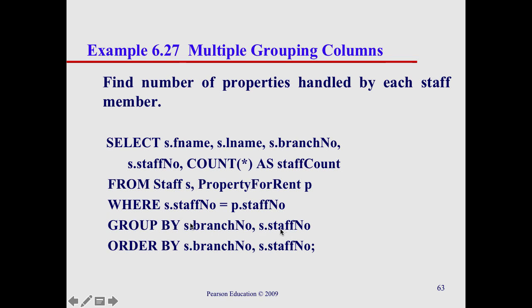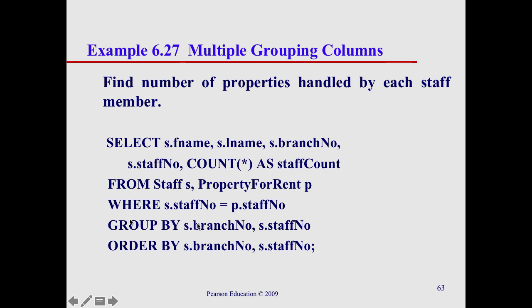Now, I could just group by the staff number, and actually that would probably be a little more accurate, because even if a staff member works at 2 different branches, I probably want to know their total properties. What this is doing is saying if a staff member works at 2 different branches, then I'll get 2 different numbers for the staff member, one for each branch they work at. But this is the way the book chose to write it, so I wrote it this way as well.